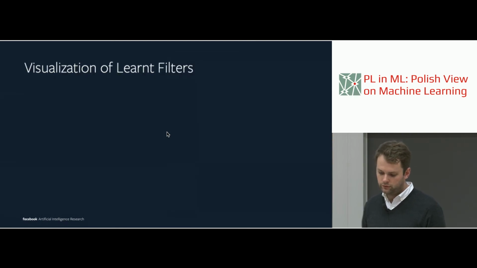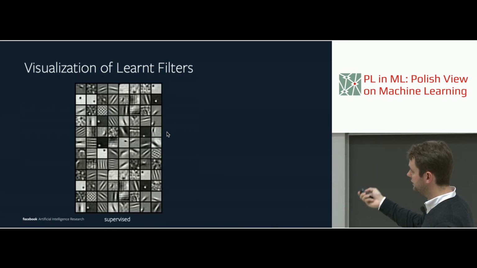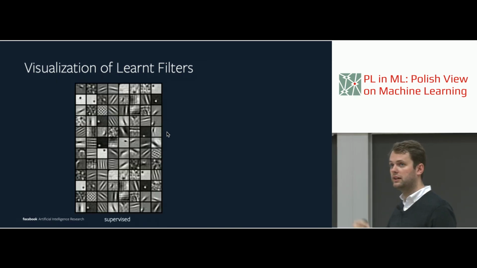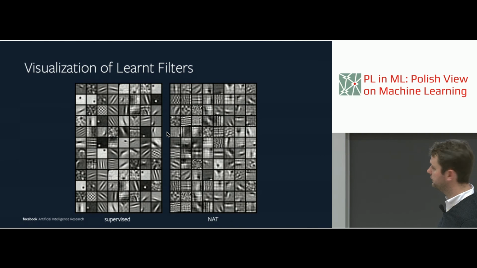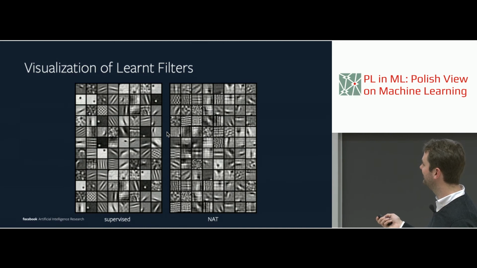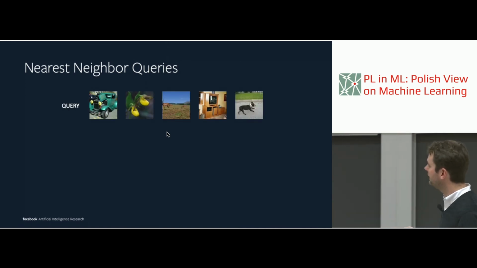So just to finish the presentation of this paper, I'm going to show you a few qualitative results. These are the kind of features that you obtain if you train an AlexNet on Sobel gradients. And this is the kind of filters that we obtained with our method. If you close your eyes, they kind of look the same. We did also some nearest neighbor queries.